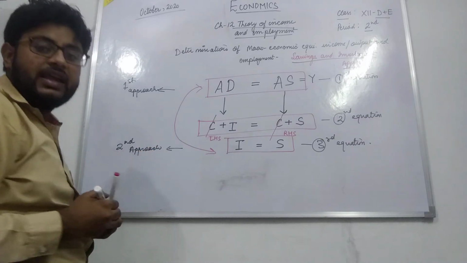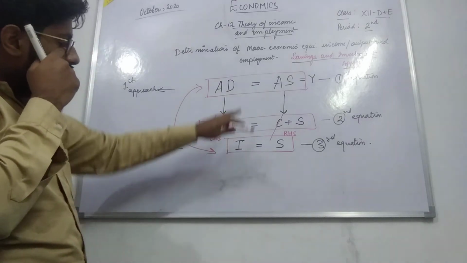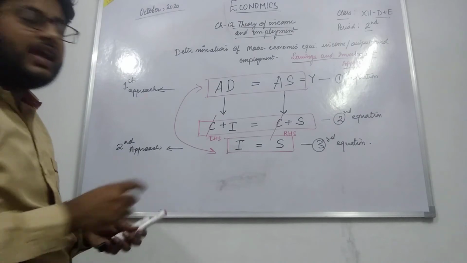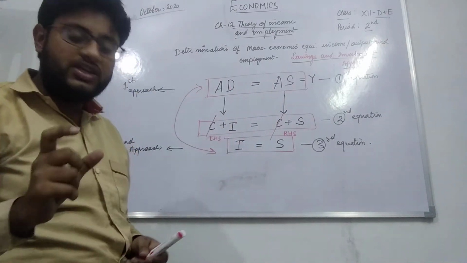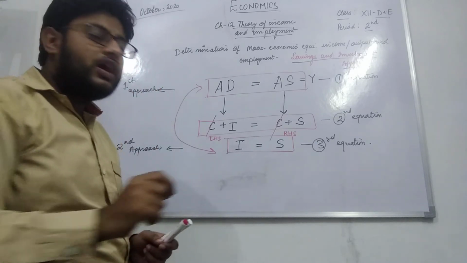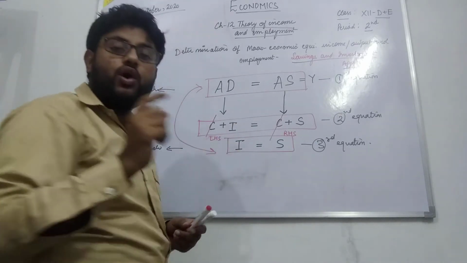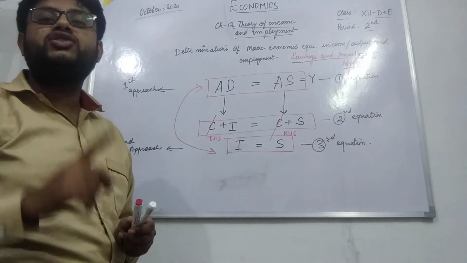The AD-AS approach we have already done. So with the help of this equation, you can see at the point where the aggregate demand and aggregate supply are equal to each other, at that point my saving and investment will also be equal to each other.